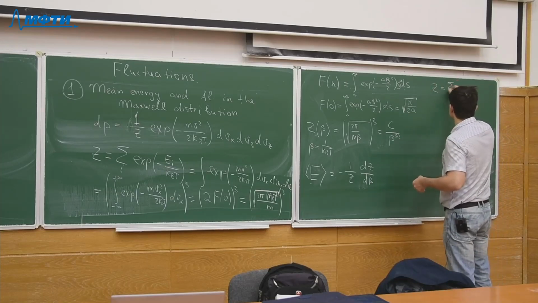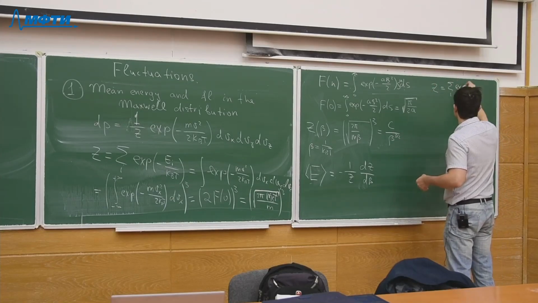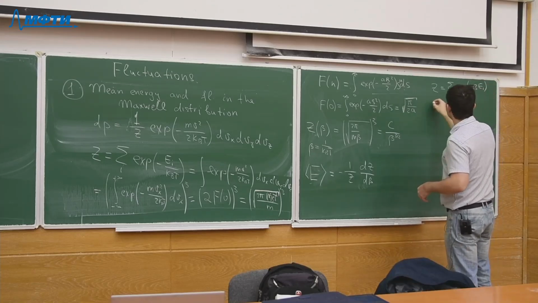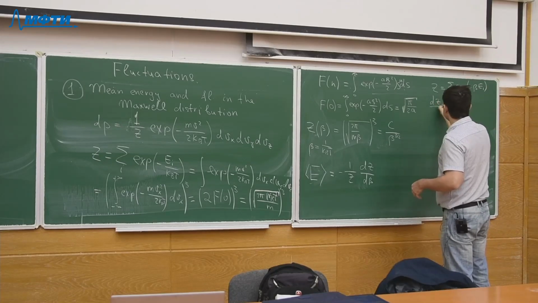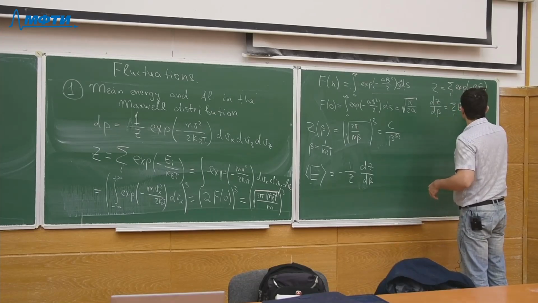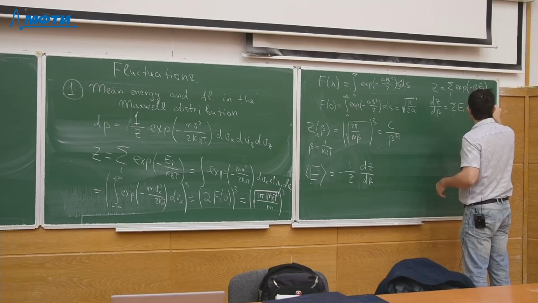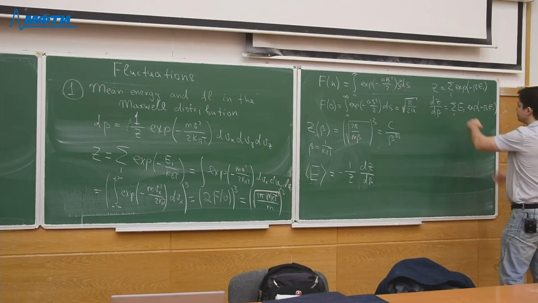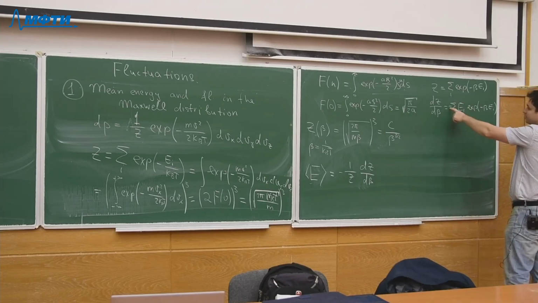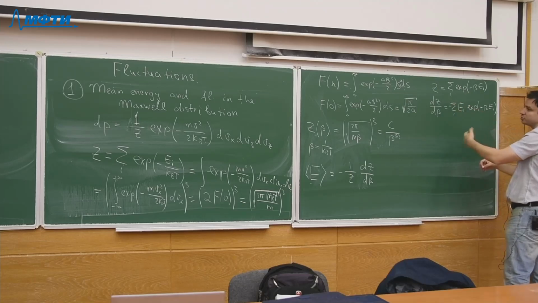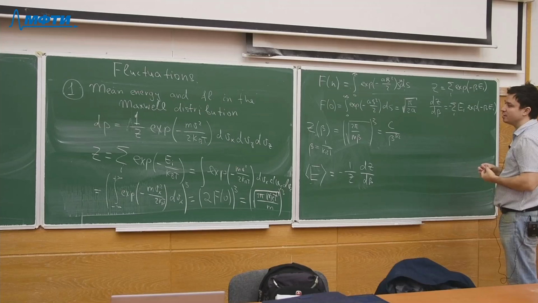So according to the definition of the partition function, that's a sum of exponents of minus beta ei. So if I calculate the derivative of this function over beta, that would give me sum over i of ei times exponent minus beta ei. So in order to get the average energy, I need to multiply this by -1, because I have also a minus sign here, and divide it by z in order to convert this exponent into the actual probability to have that energy.